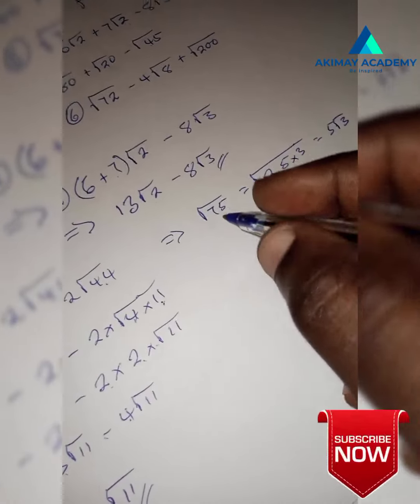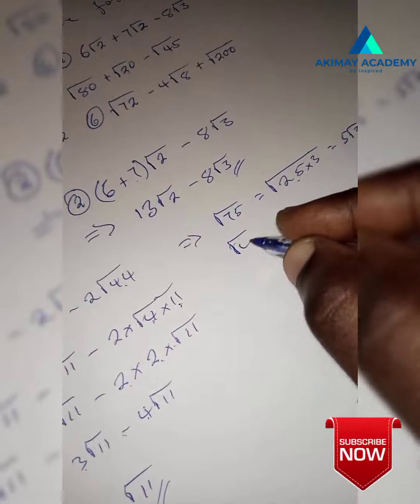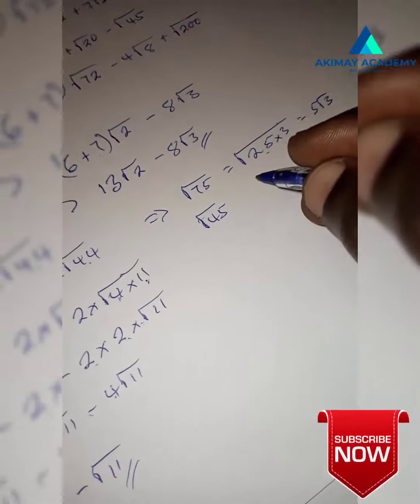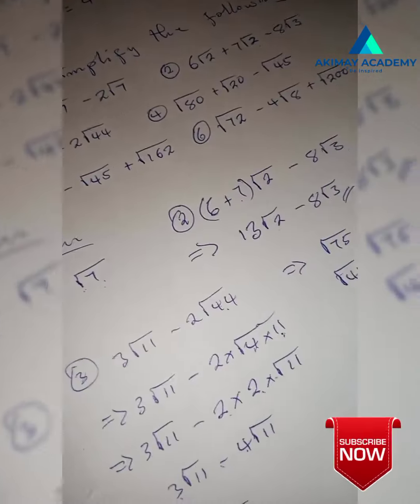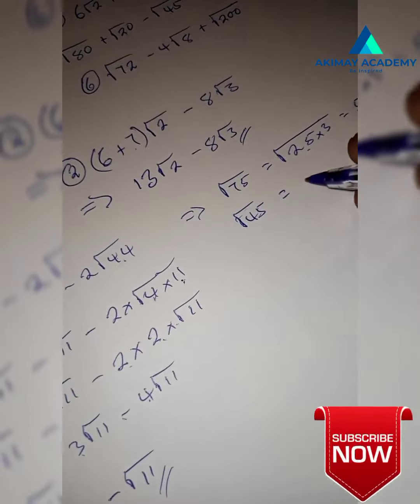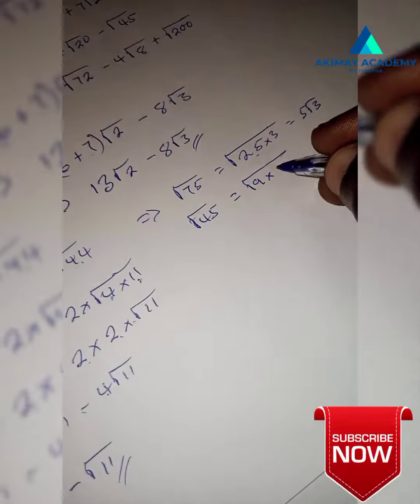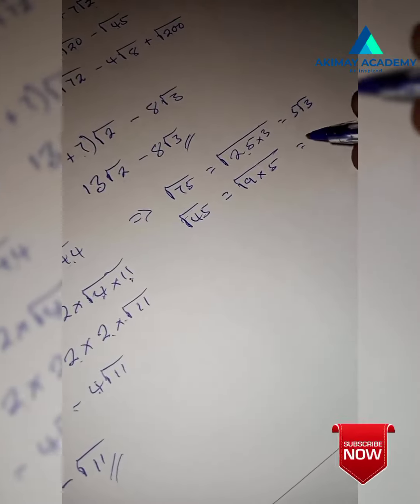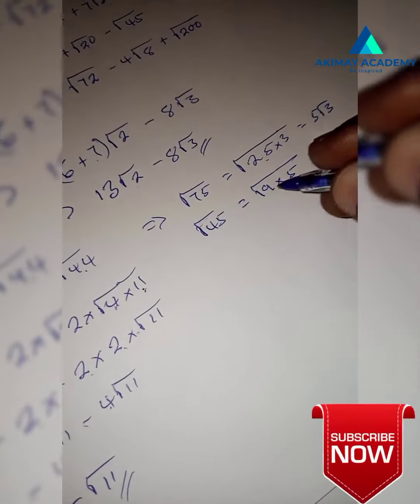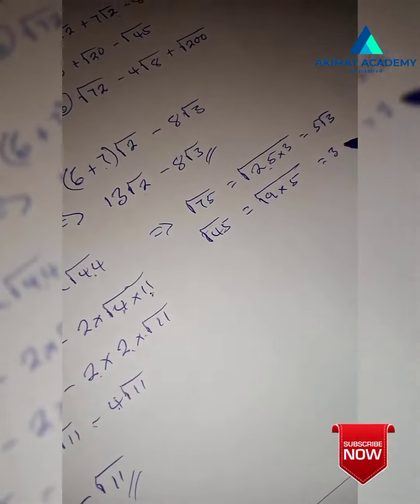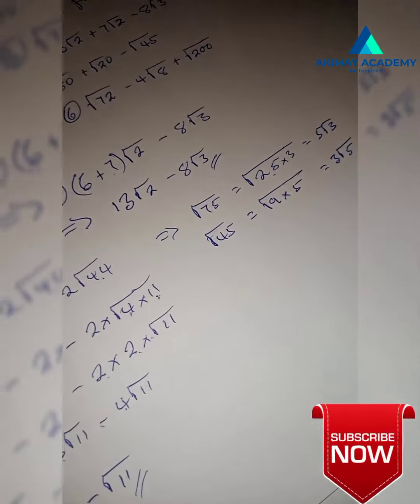Then we have root 45, which we can reduce to 9 times 5. The square root of 9 is 3, so 3 will come out to multiply the 5 inside.